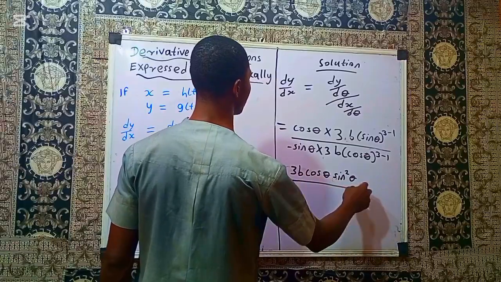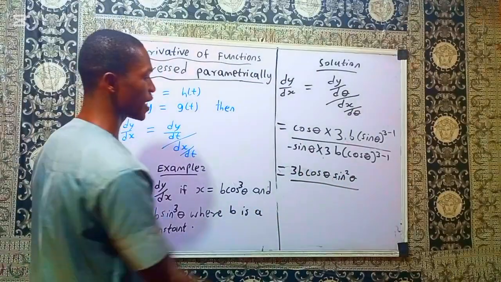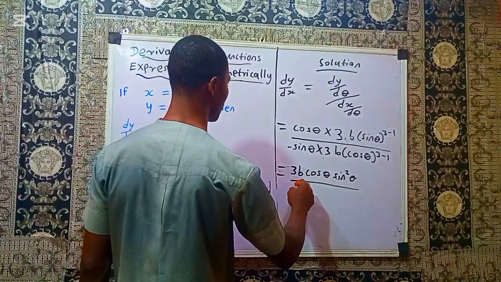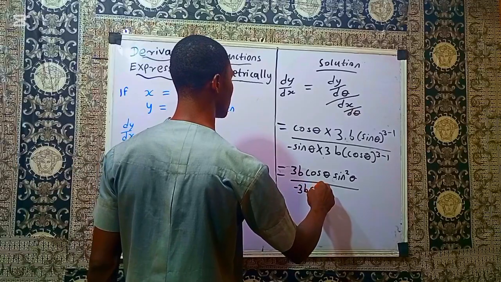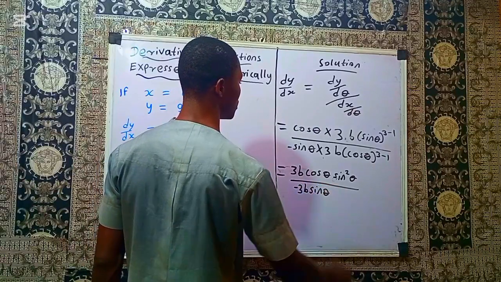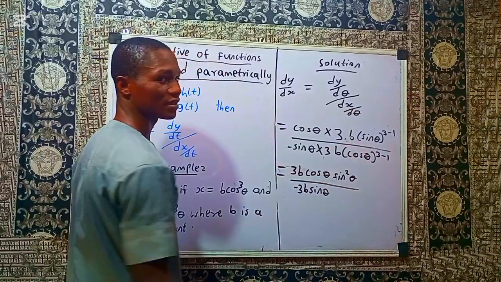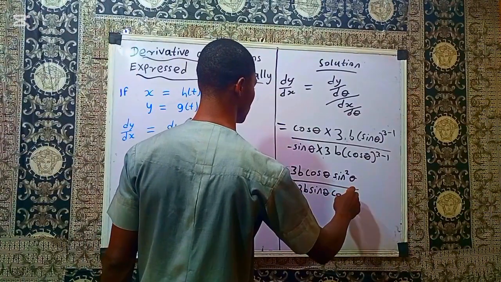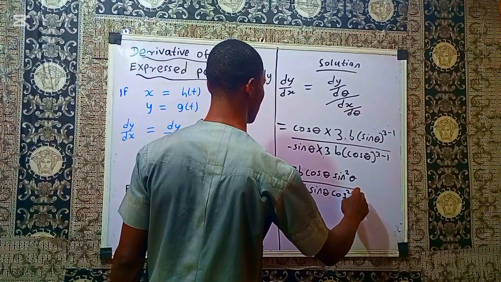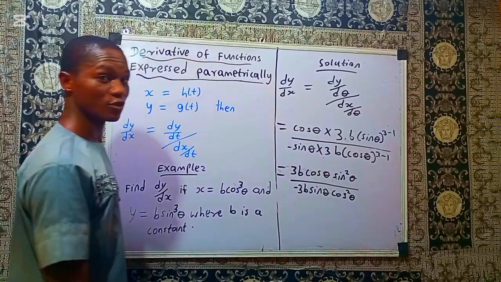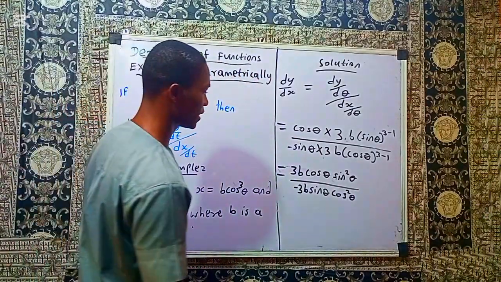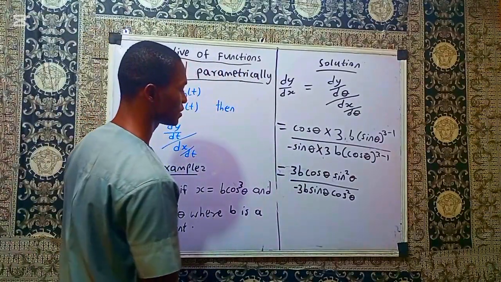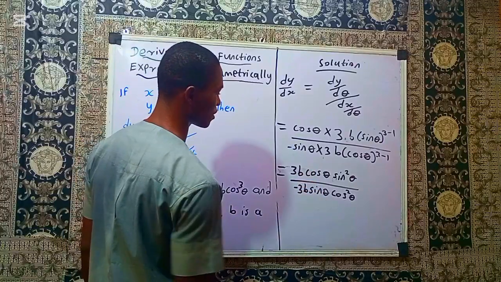Then all divided by, do the same thing here: minus sine theta multiplied by 3b will be minus 3b sine theta, then cosine theta raised to power 3 minus 1, which is 2, so it will be cosine squared theta.